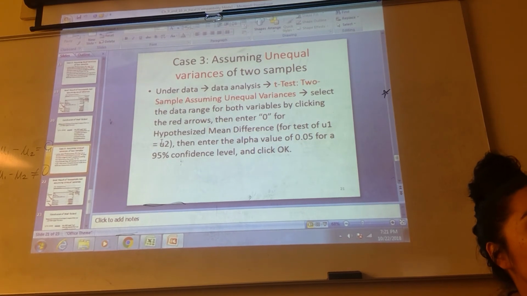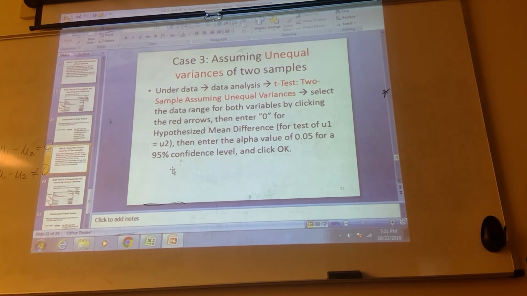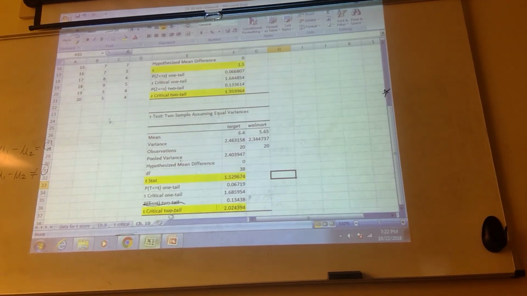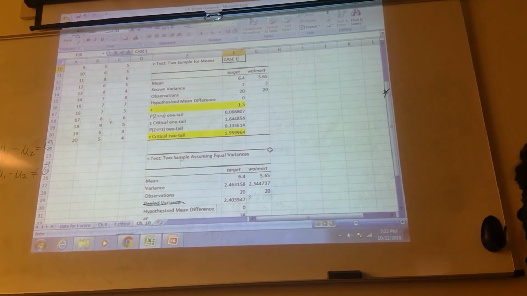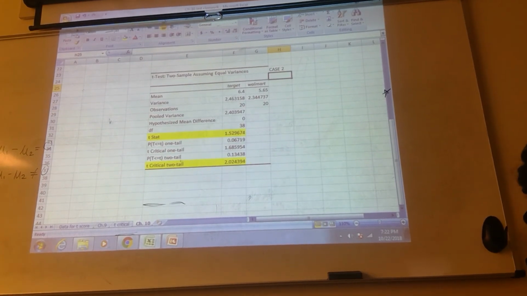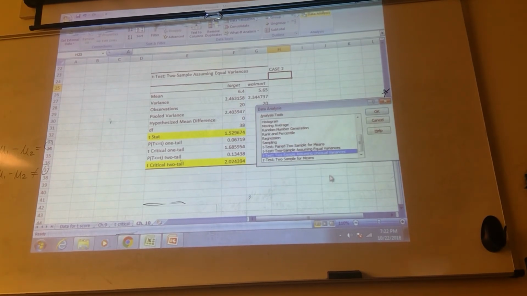All right, so case 3, we're going to do all with the same set of data, 2 sample t-test assuming unequal variances. Same as before, but just select the unequal. Put case 1 on this one, this is case 2, and this last one is case 3. So again, data analysis, t-test assuming unequal variances.